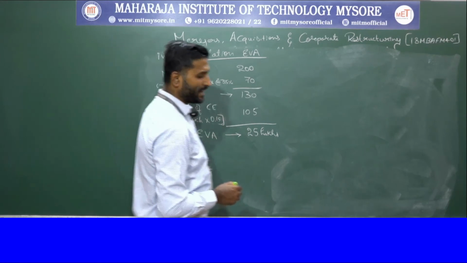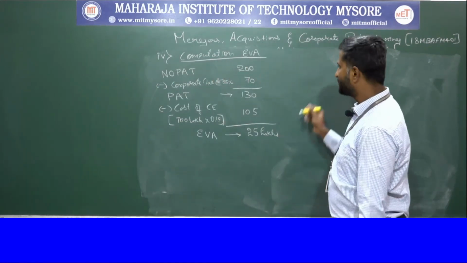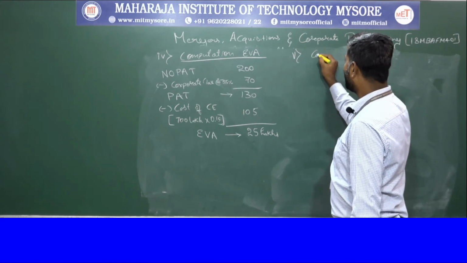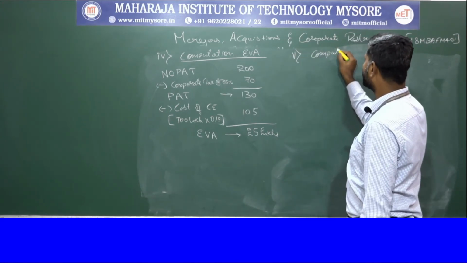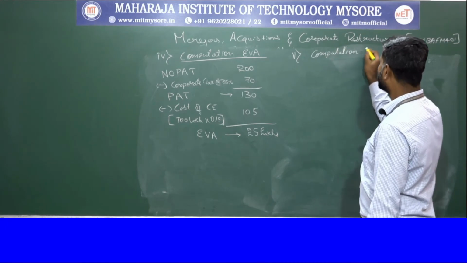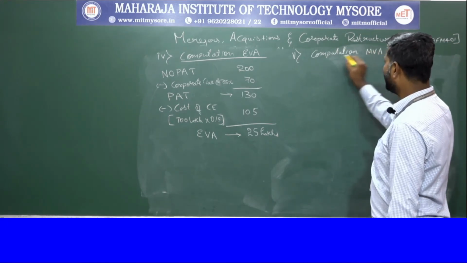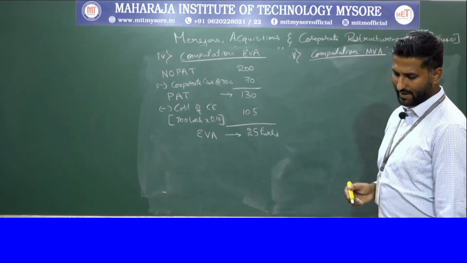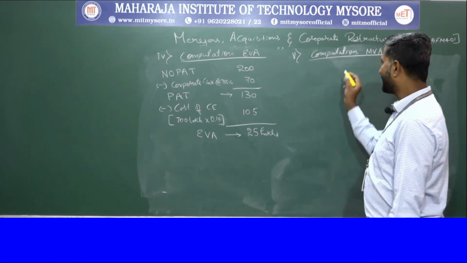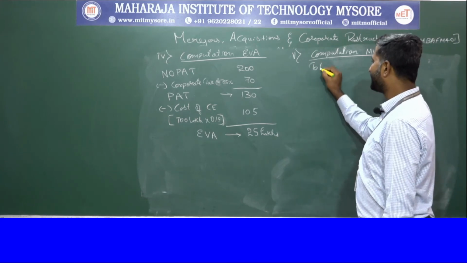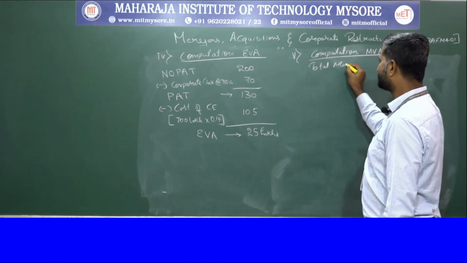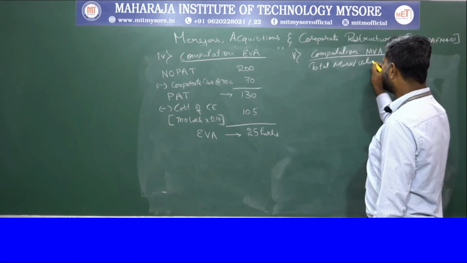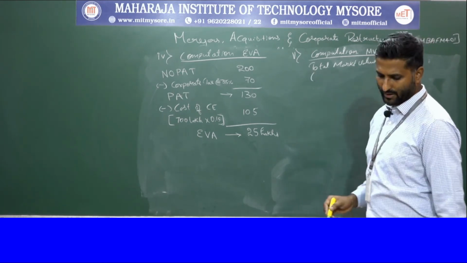Then we are going to calculate the computation of market value added. For this, we have to determine the total market value, which equals the market price multiplied by the total number of shares.